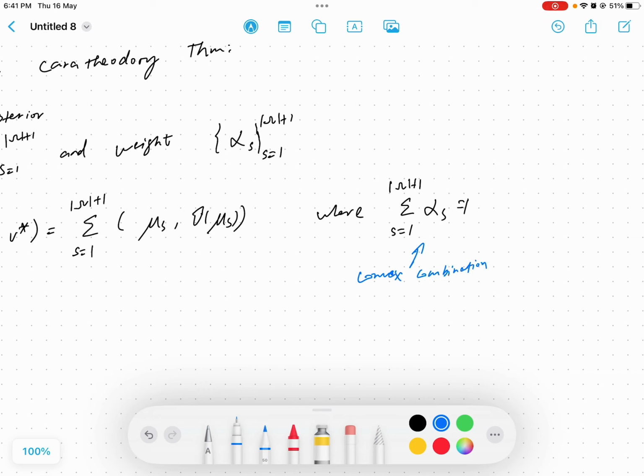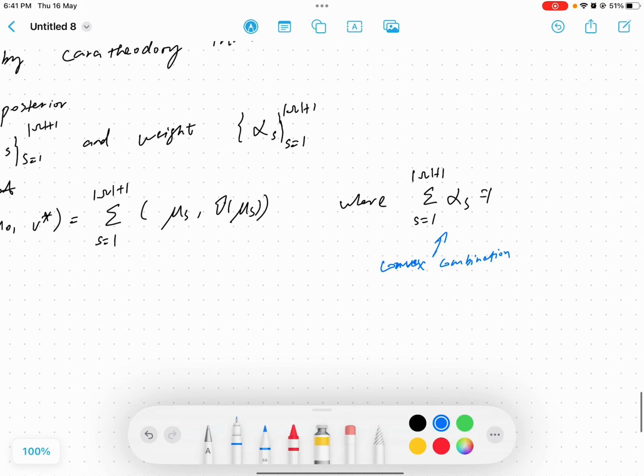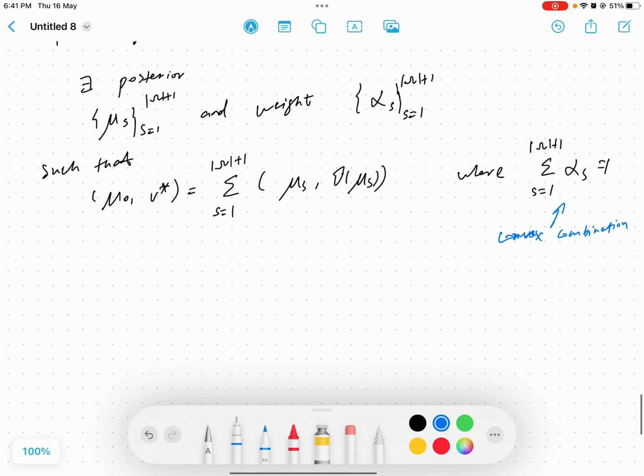You can check this Caratheodory theorem if you are interested. That's a very useful theorem for us to prove things like this.